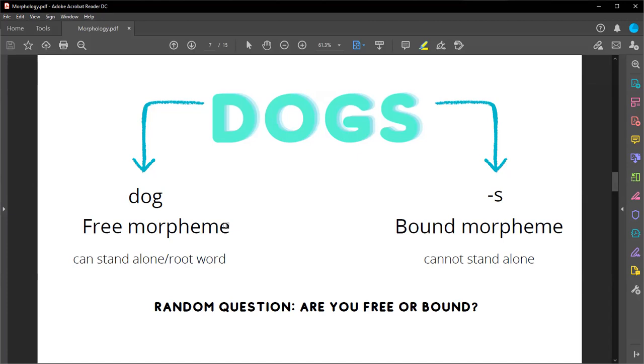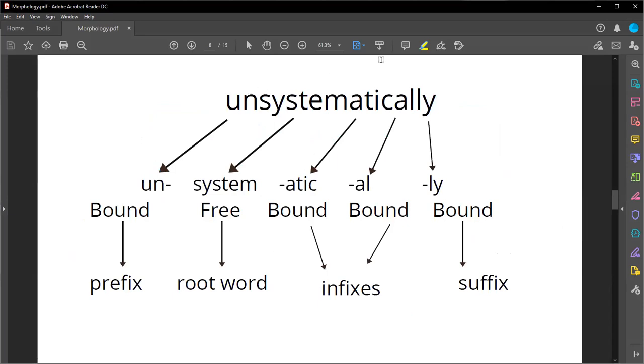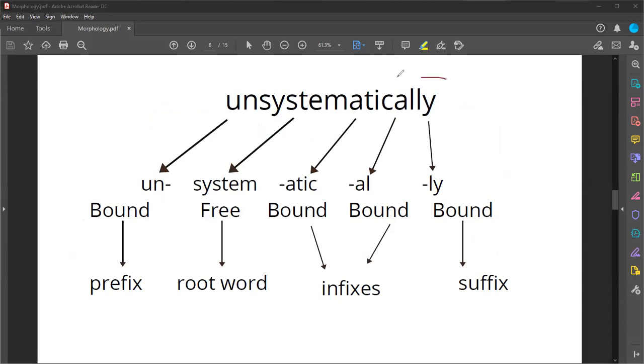And the bound morpheme cannot stand alone, just like the S, the ED, anything. All of the bound morphemes and free morphemes will be discussed later on. So in here, let's take, for example, another critical word.